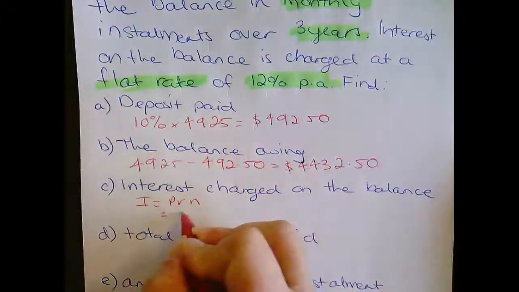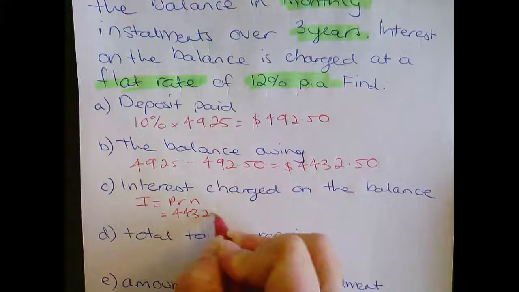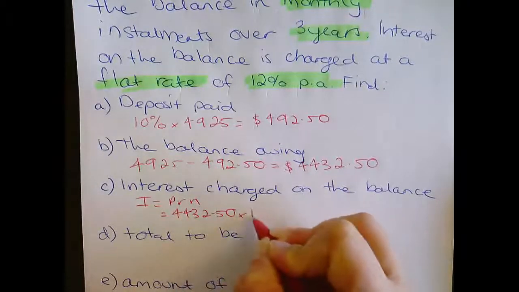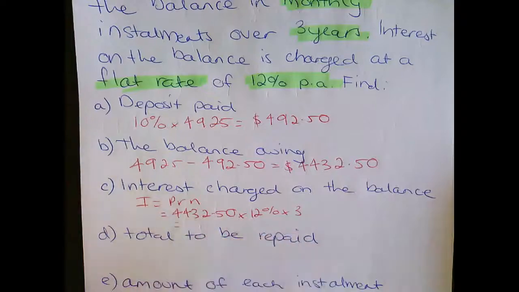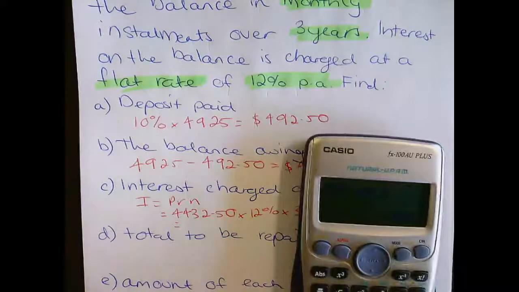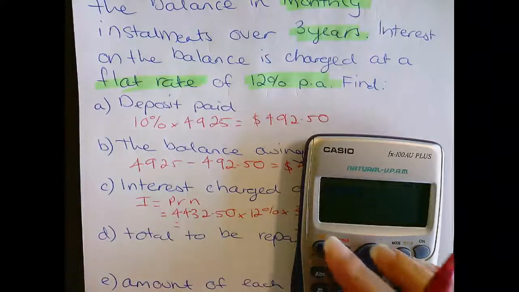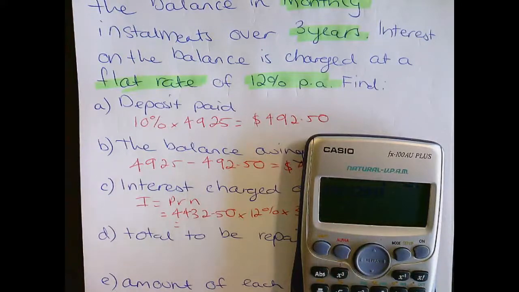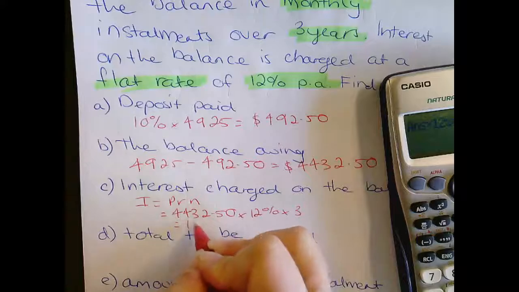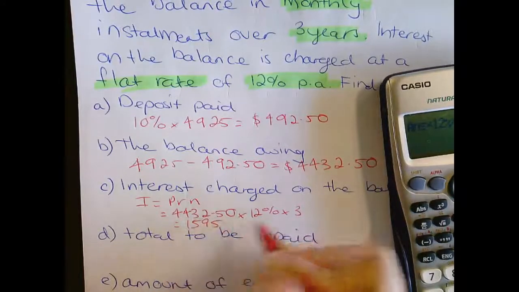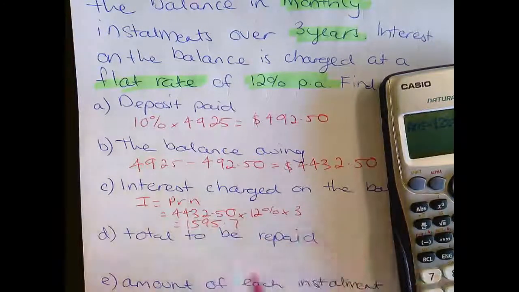The principal, 4432.5 times 12% for 3 years. And we get that number, 1595.7.